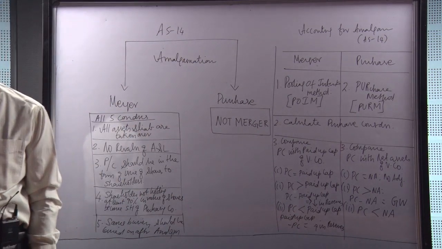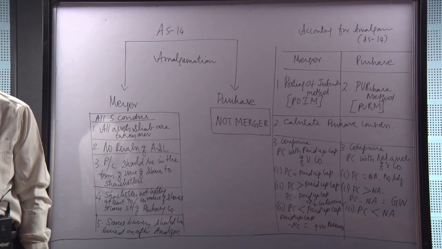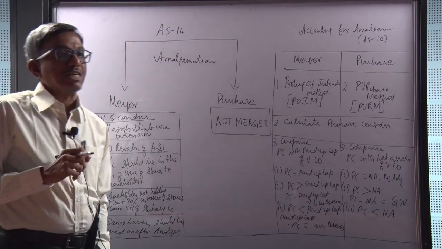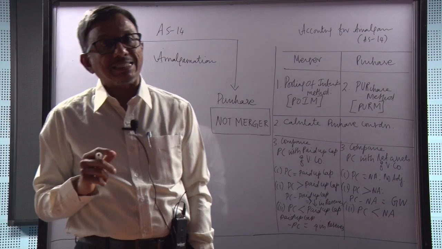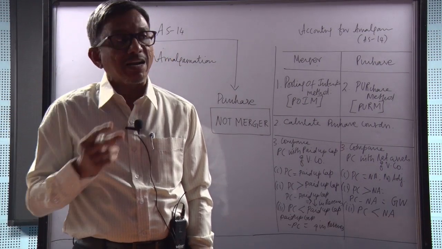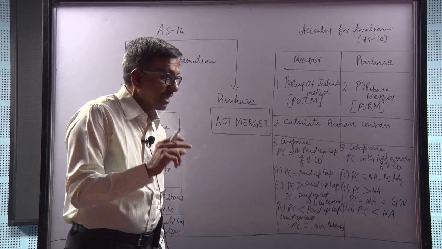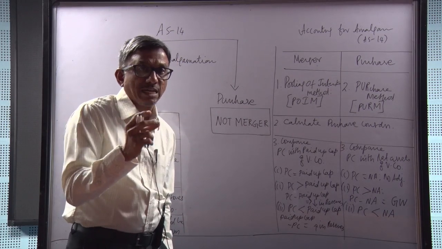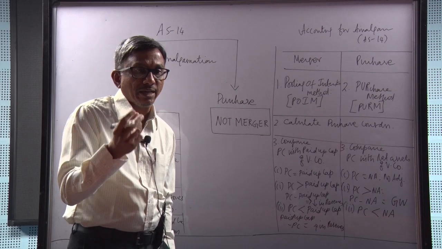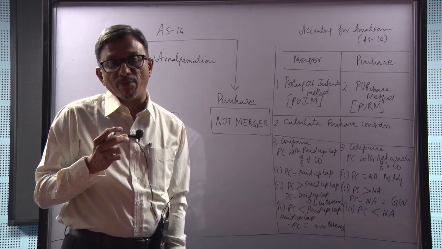This gain is in the nature of a capital profit. Therefore, such a gain should be recognized as capital reserve in the balance sheet of the purchasing company. So, if the consideration is more, the excess is assumed to be paid for acquiring the goodwill of the vendor company.